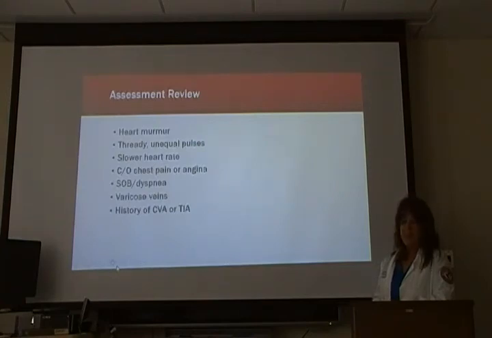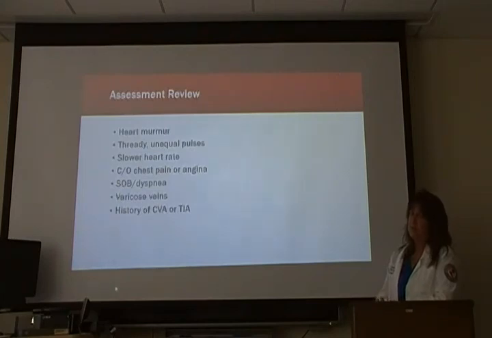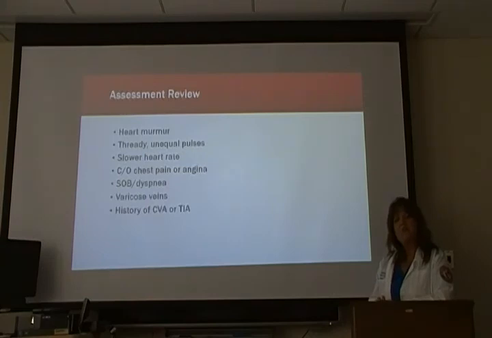And a history of CVA or TIA, and this is a side effect or a result of hyperlipidemia. So you'll see some patients on the statins. So the varicose veins is from the thickening, the atherosclerosis. So a TH for thickening, and CVA, TIA from arteriosclerosis.